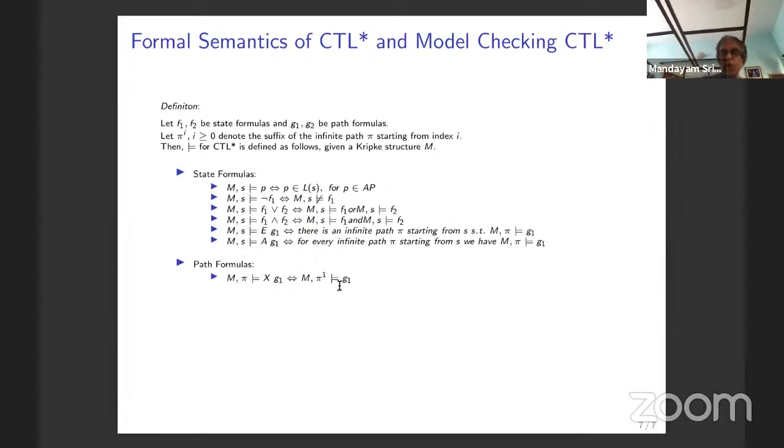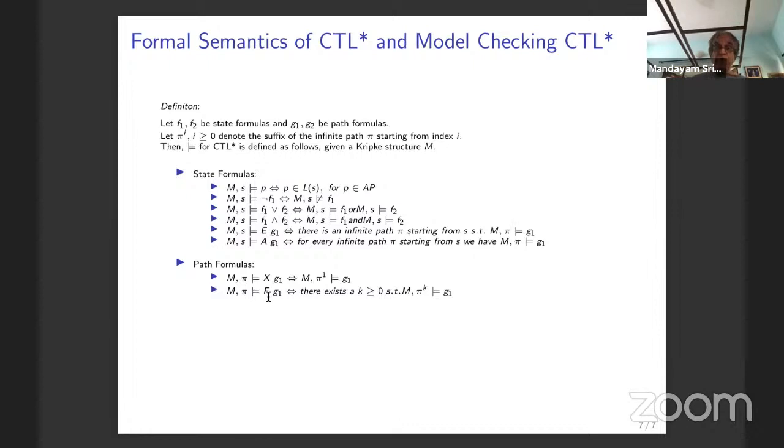It says that it's true of a path pi if we take away the first state and keep the suffix infinite path, then G1 must be true of that path. Remember that the path formulas are constructed from other path formulas using linear temporal operators, and therefore they are defined recursively for a path in terms of the suffixes of these paths.